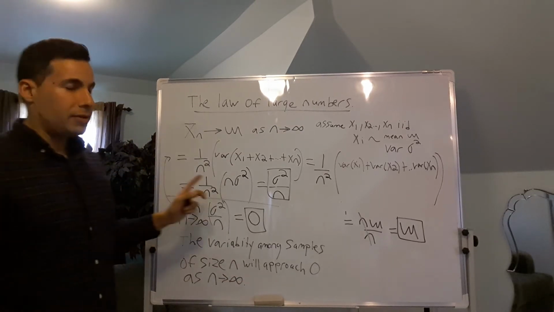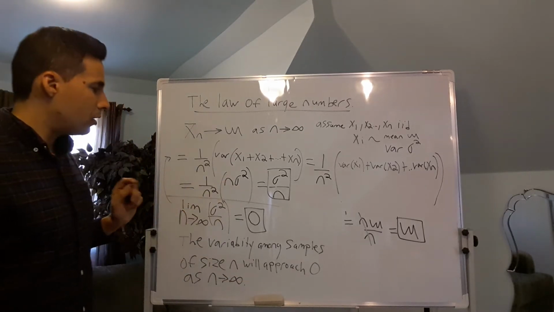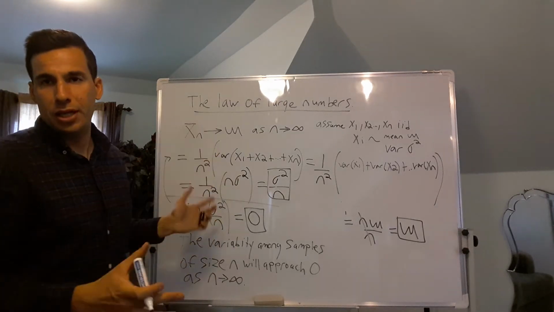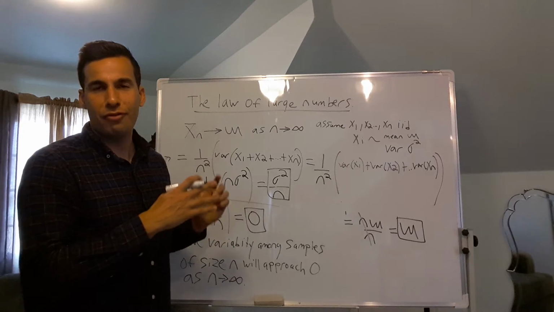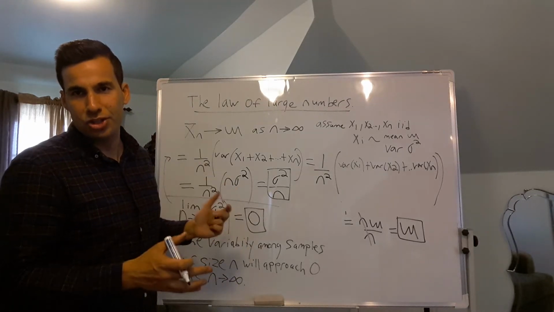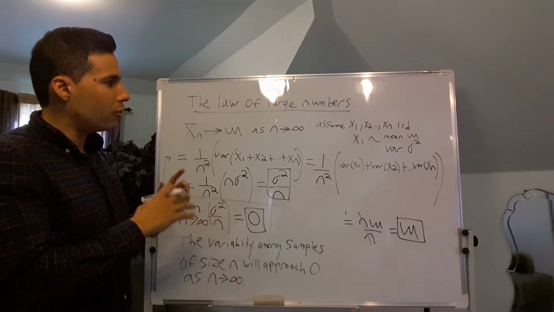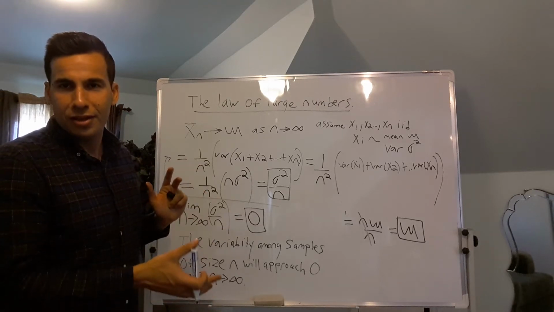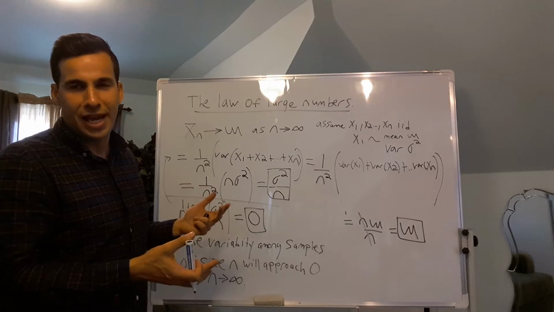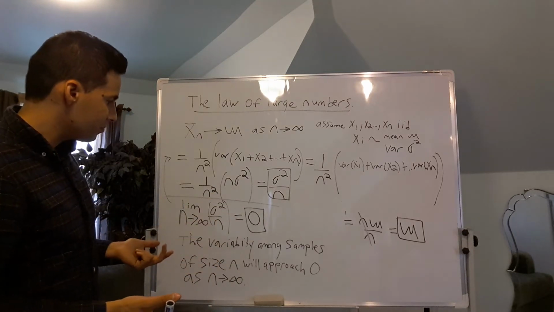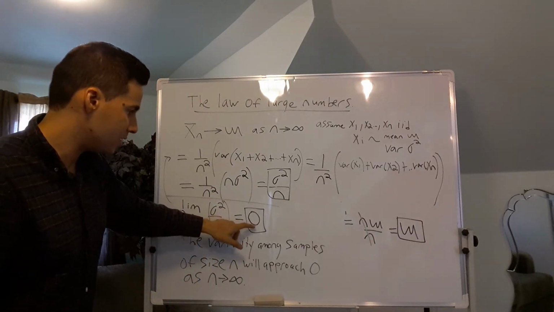Now this makes sense because when the sample size is so big, you're almost like taking almost every element in the actual population. So no matter what sample you take, if you're taking such a large sample, it's almost like every time you'll be taking the same sample anyway. So the variability will be 0.